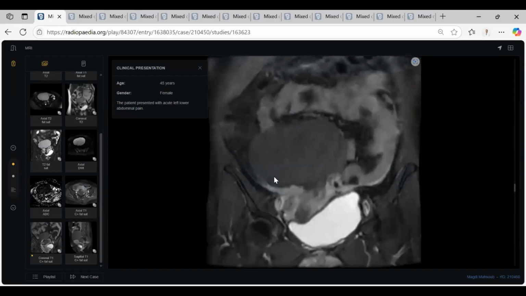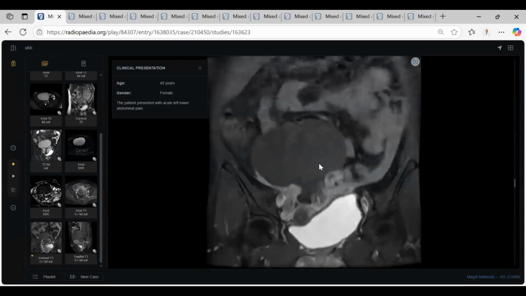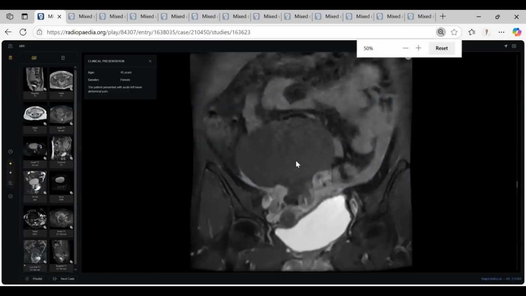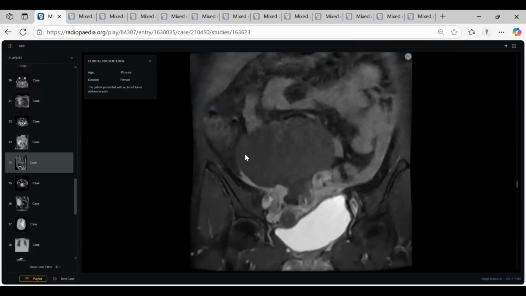The examiner doesn't need you to say whether this is a fibroma or whatever the pathology, because the diagnoses mentioned in Radiopaedia are mostly post-surgical. This is a large left adnexal lesion, and in any large left adnexal lesion more than 5 cm, we are worried about torsion. You do it like this, you smash the case.